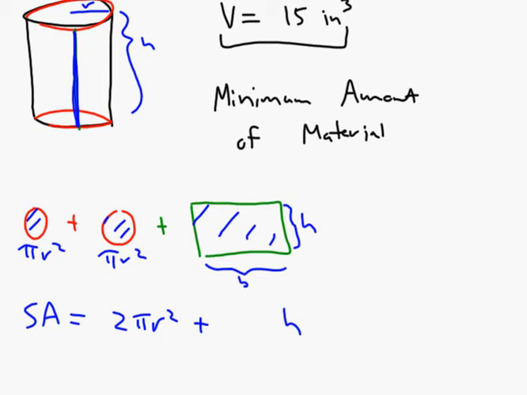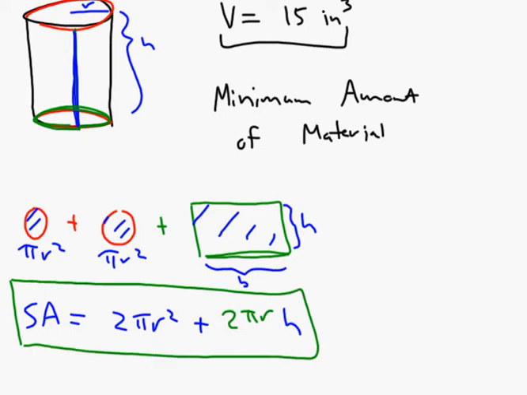There's a relationship between that base and some part of the circular top and bottom. The key realization is that the circumference of the circle is really the base of that rectangle. This base down here is this circumference up here. We know how to get circumference. It's just 2 pi r. So there you go, you've got a formula for surface area.